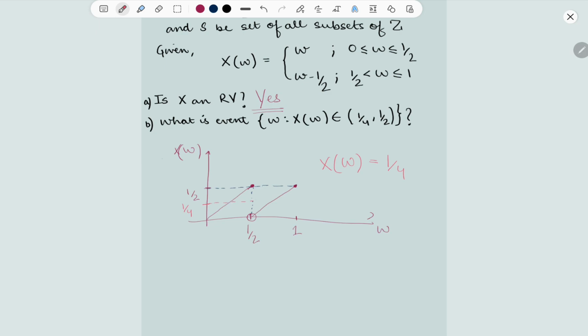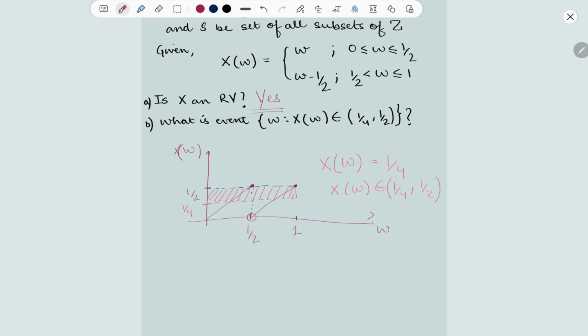See, this upper region, which is colored orange, contains the interval x(omega) belonging to 1/4 to 1/2.